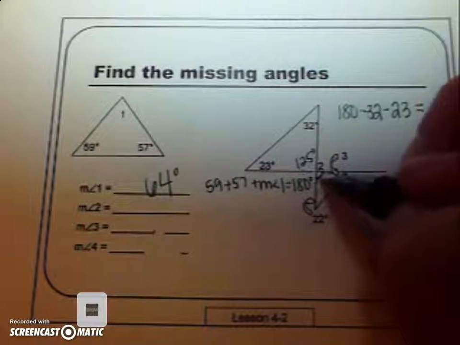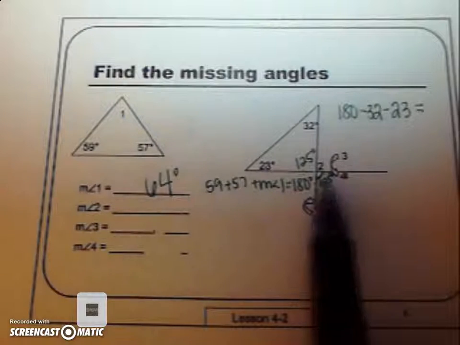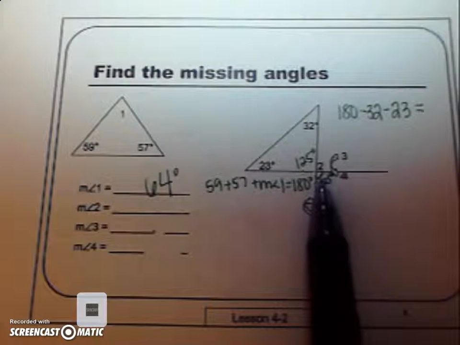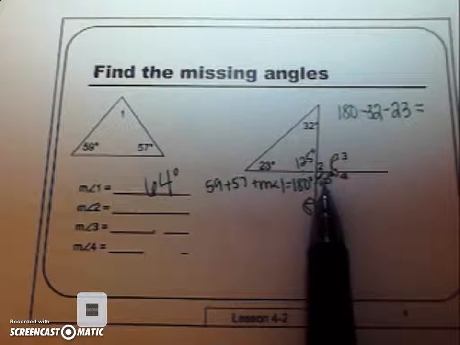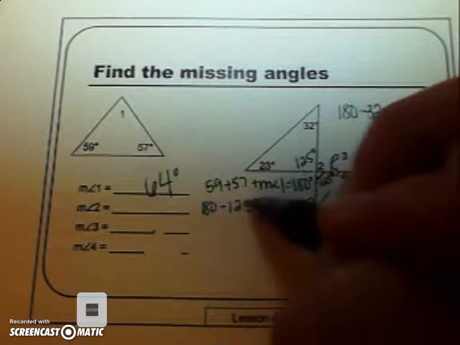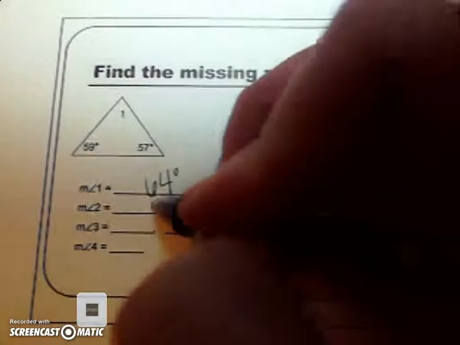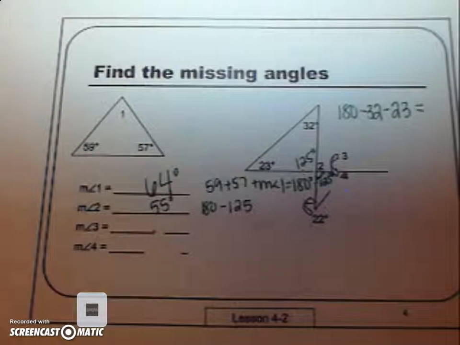So this one's also 125 degrees. Now the measure of angle 2 is adjacent and supplementary. It's a linear pair to either of these 125 degree angles. So that means I take 180 and subtract 125 to give me my measure of 55 degrees for angle 2.